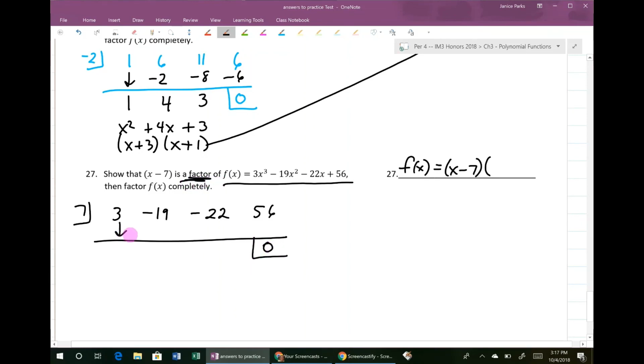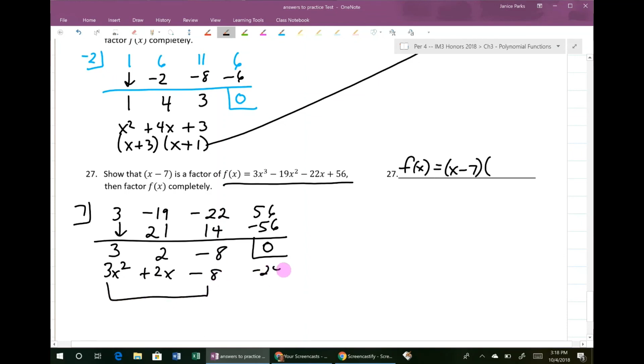Again, it has to be a 0 when it asks you to show that it's a factor. Bring down the 3, so that's 21, that's 2, 14, negative 8, and negative 56, so that's 0. So now I have 3x squared plus 2x minus 8. I'm looking for the factors of negative 24 that give me 2, which are 4 and negative 6.